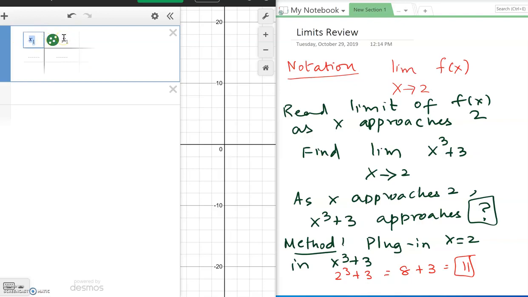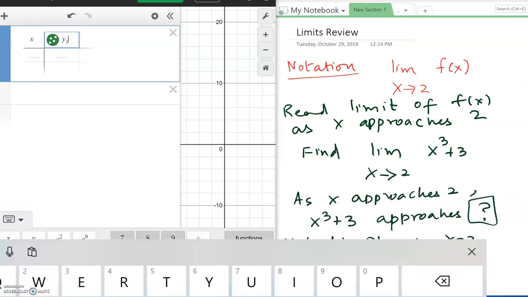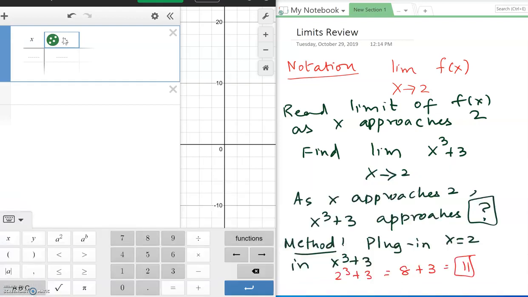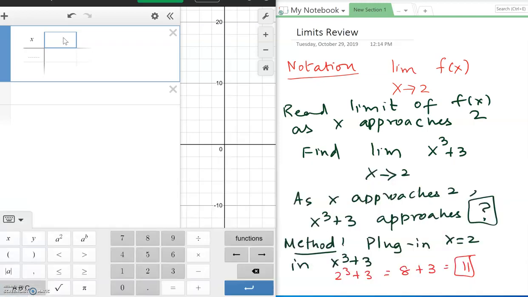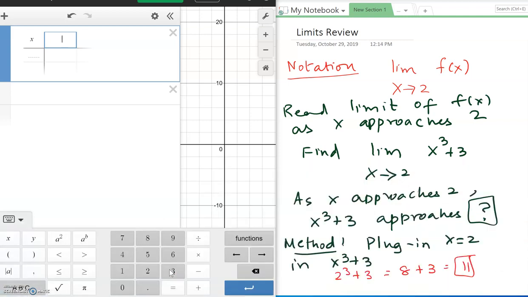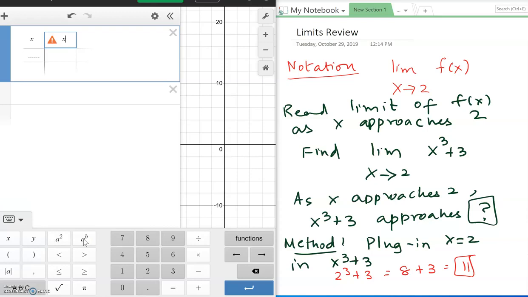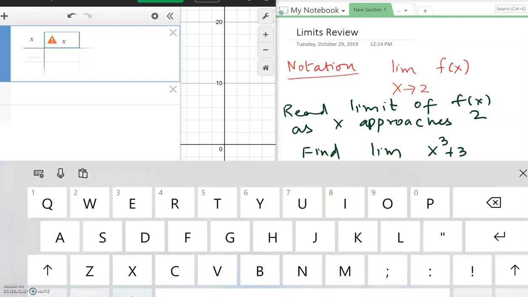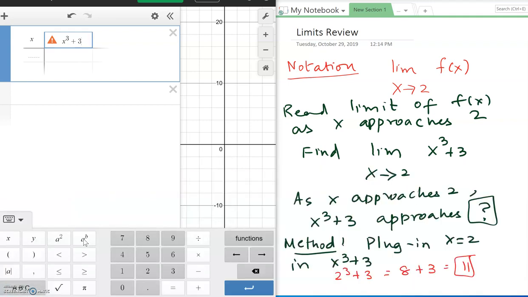We're going to put x, and then we're going to put the function, x cubed plus 3.